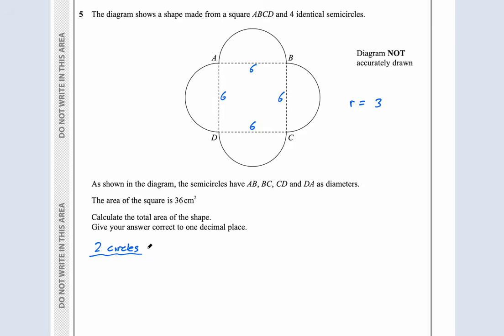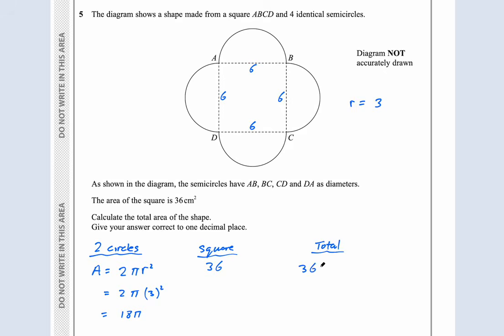So for the 2 circles, the area is 2 times pi r squared, because it's pi r squared for 1, and then there's 2 of them. So that's 2 pi times 3 squared, which is 9, 9 times 2 is 18, 18 pi. So the 2 circles is 18 pi. The square, well, he tells us, is 36.